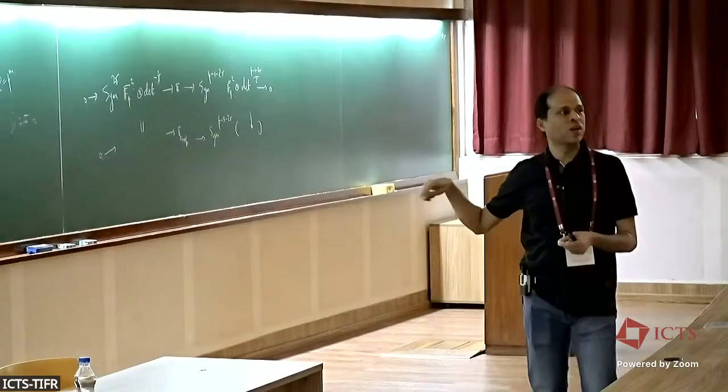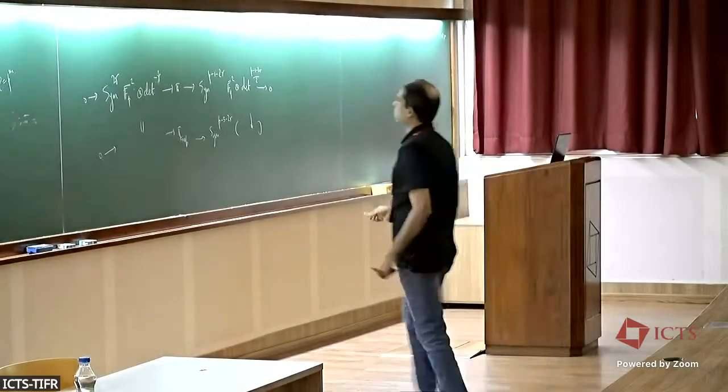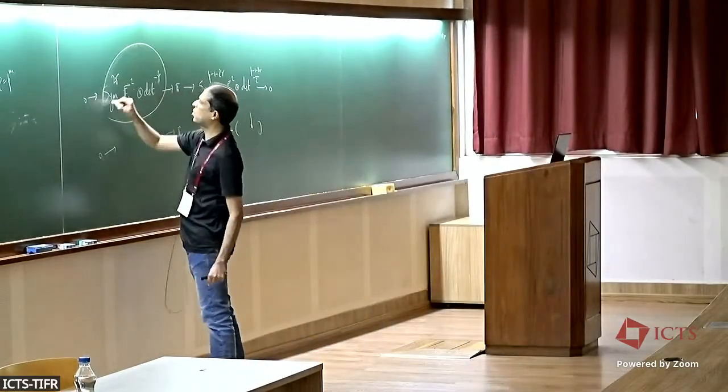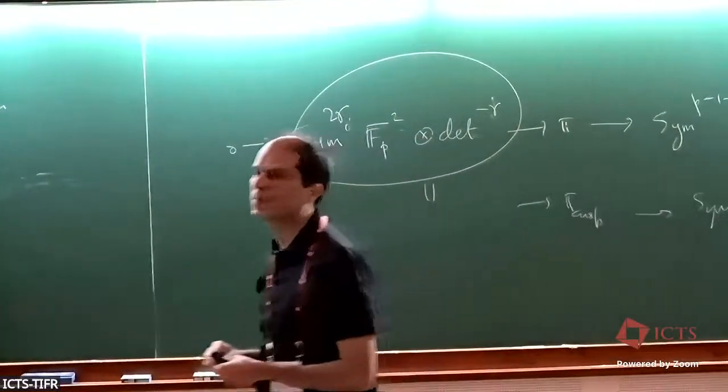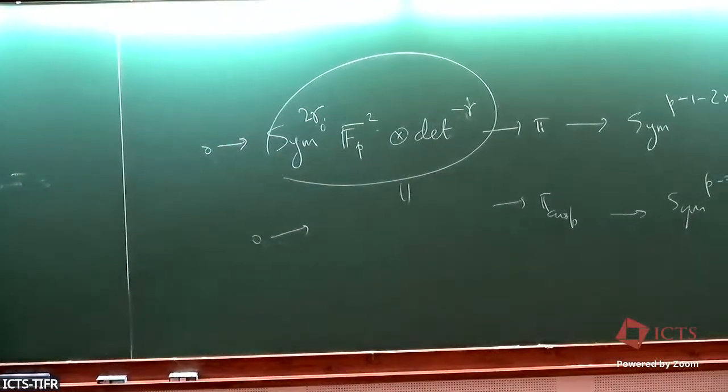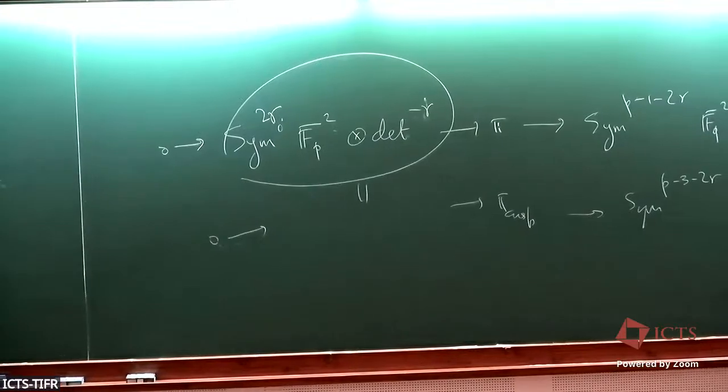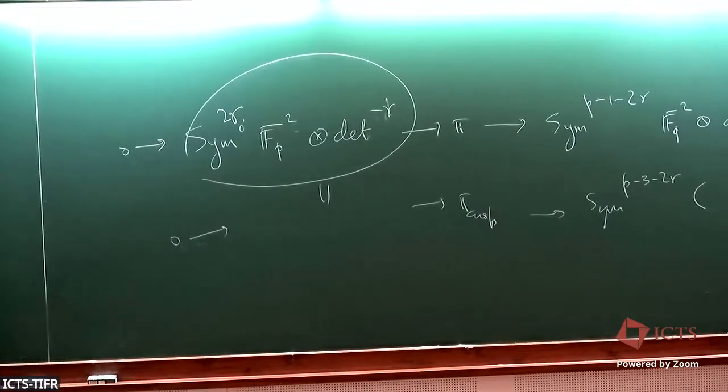And the Jordan-Holder factors will be in terms of these things for each Ri. So one can of course, a mod P reduction is only semi-simplification. Just the Jordan-Holder factors only one can write down, and one can write that down. Yeah.